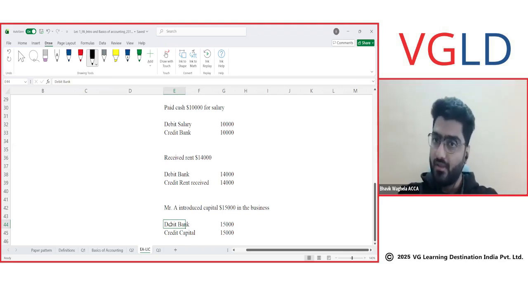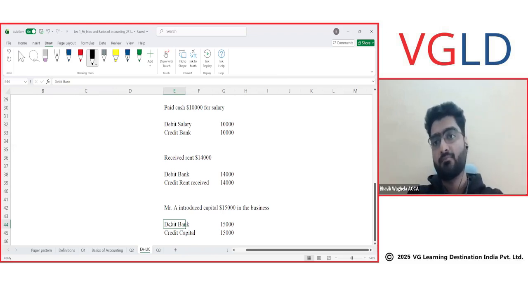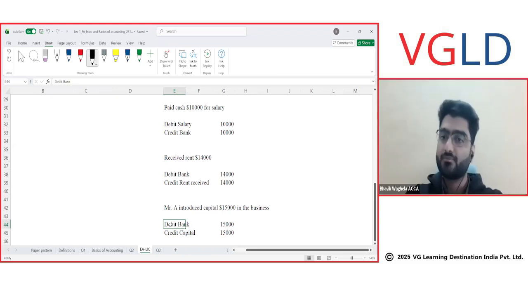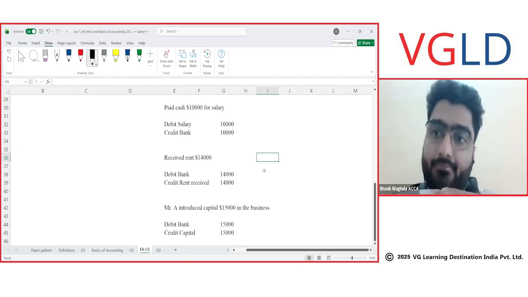So obviously, if Mr. A introduced capital of 15,000, then Mr. A will be transferring that much money into the business's bank account. Hence debit bank account. Okay, sir. Is it because the business is a separate legal entity? Correct. Okay, sir, got it.